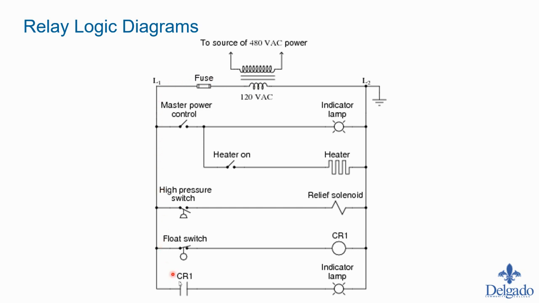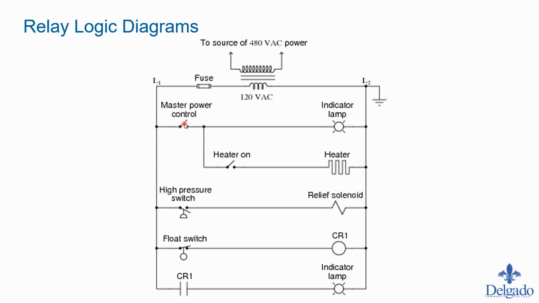So here's our complete circuit, flowing, we're going to go kind of counterclockwise here. We're going to go this way, and then we'll assess each rung, and then we'll get to complete the circuit back. So in this case, we have a master power control switch, right? A switch symbol indicating, go into an indicator lamp. So when we turn our master power control on, we'll have a light telling us that our system's on.